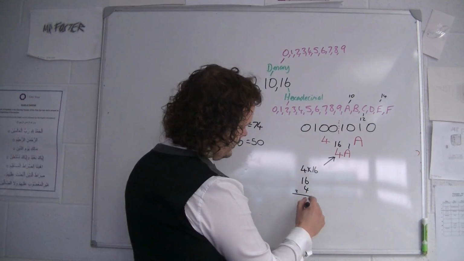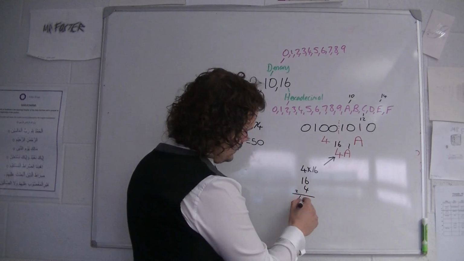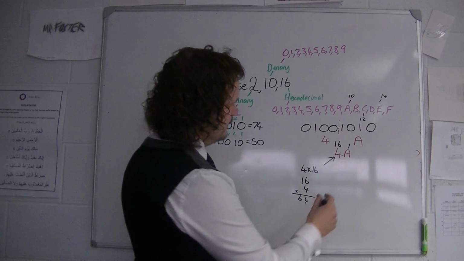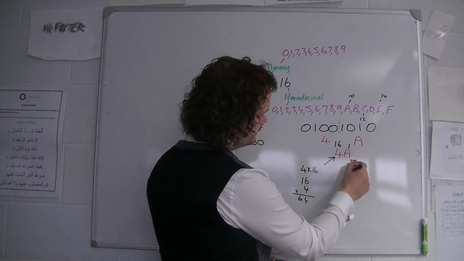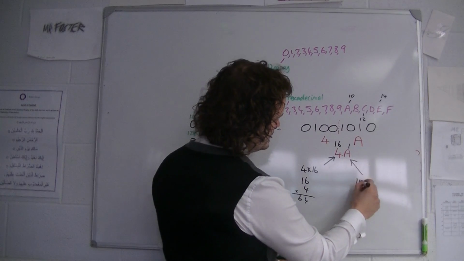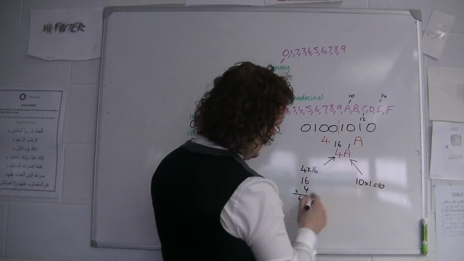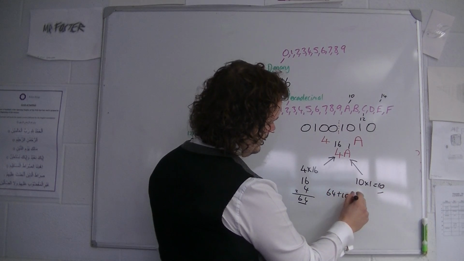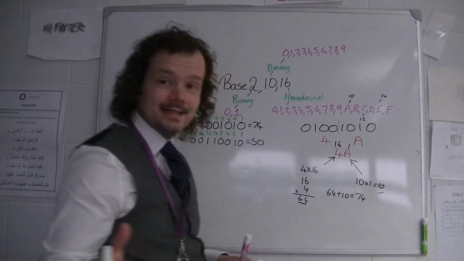Put my 2 there, my 4 there. 4 times 1 is 4. Add that 2, gives me my 64. So that 4 there is actually worth 64. Okay, the A there in the units column is 10 times 1, which equals 10. And my 64 and my 10, when you add those together, equals 74. So you can see the system works.